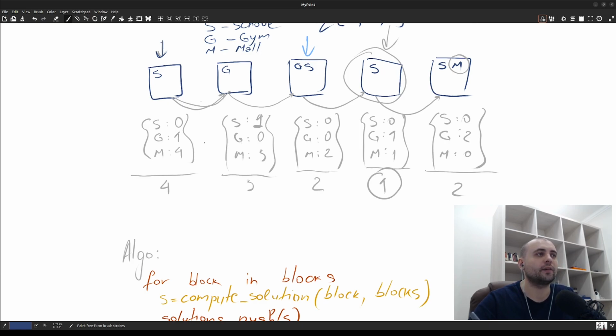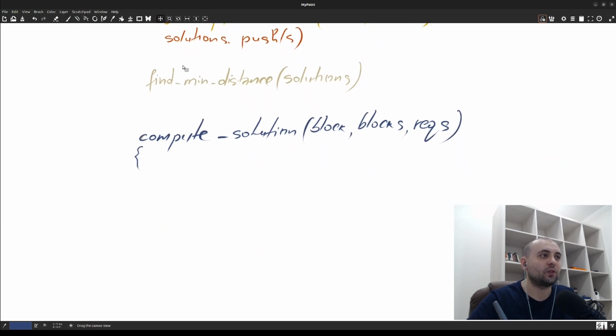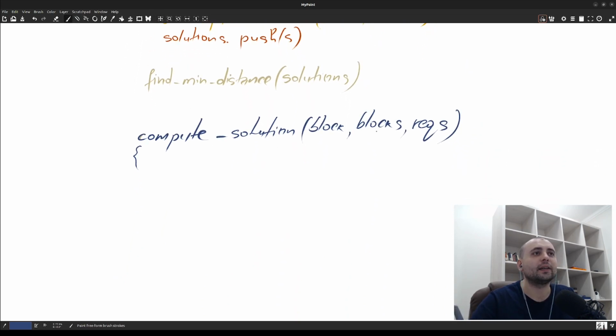I think a vector or an array makes sense in this case. So I guess we'll need to iterate over all the blocks again, and we'll need to do it both on the left side and on the right side. I'll try to write the pseudocode as well, but it will be something along those lines.